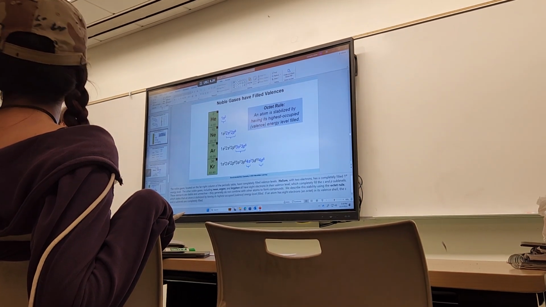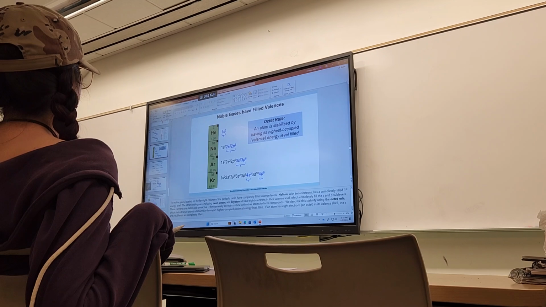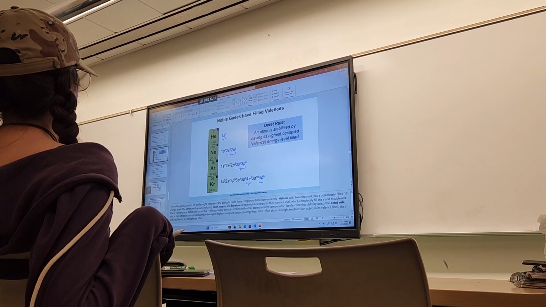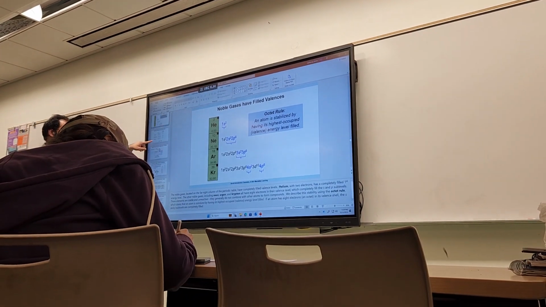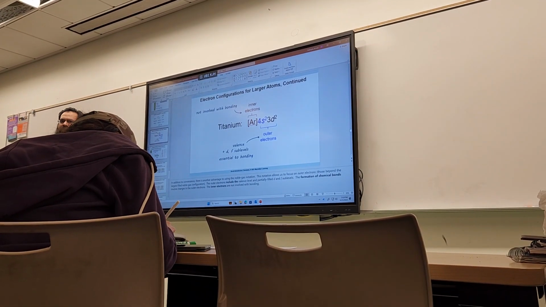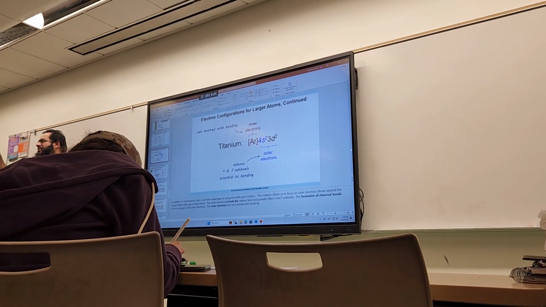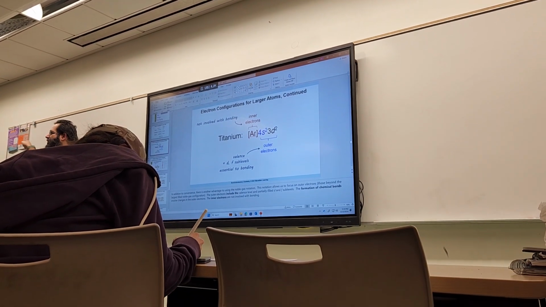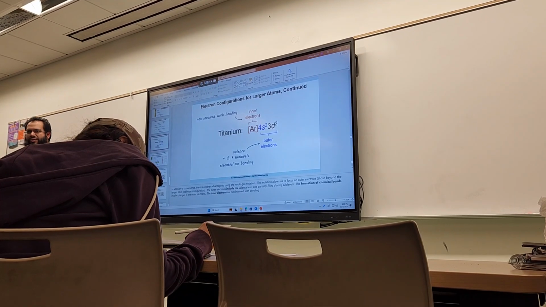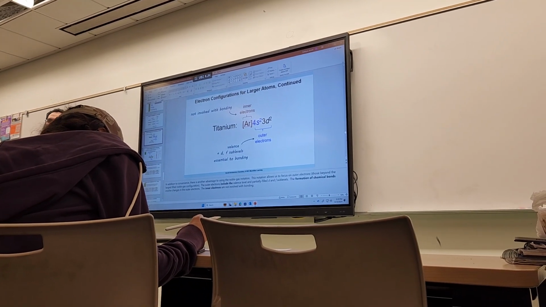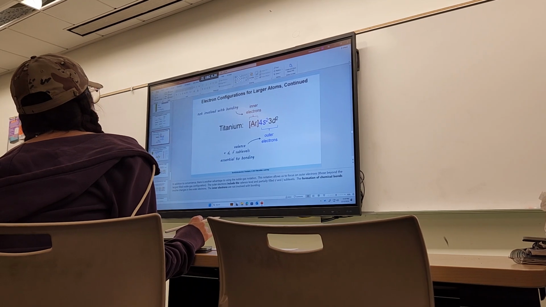Then we have a way of simplifying our electron configuration using our noble gases, because these are complete configurations. Based on where you are on the periodic table, you go up 1 and to the left, and that's going to be your noble gas. Then from there, you start counting how many electrons you have and filling up your electron configuration.